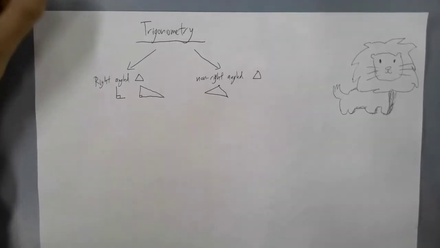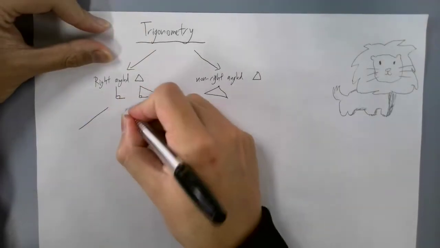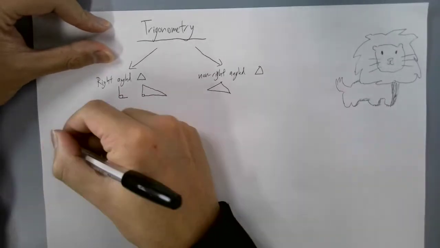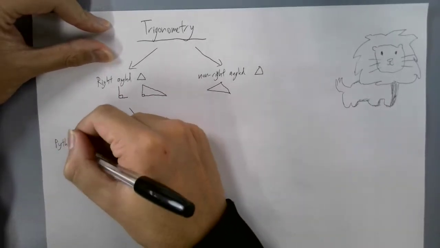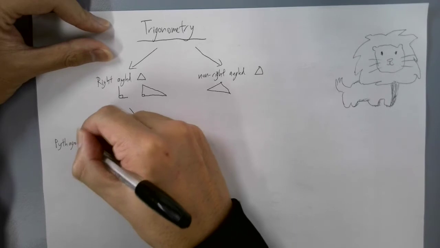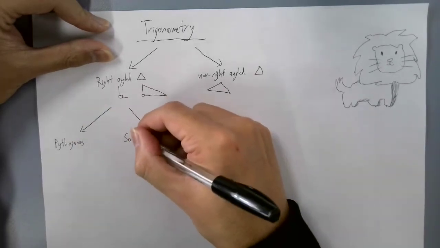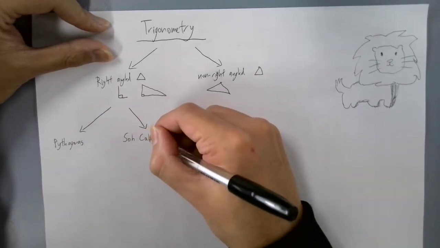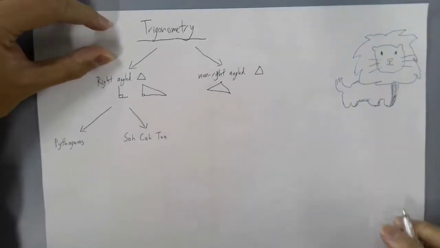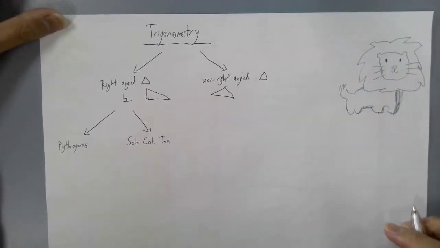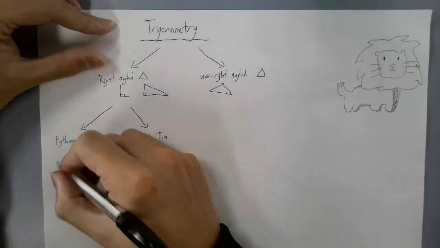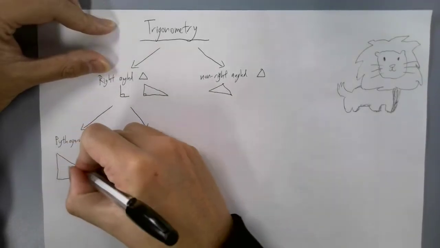Now, when we're talking about right-angled triangles, we can split that into two examples. There are examples where you solve using Pythagoras, and there are examples where you solve using SOHCAHTOA. When you're solving Pythagoras problems, you're always given two of the three sides.